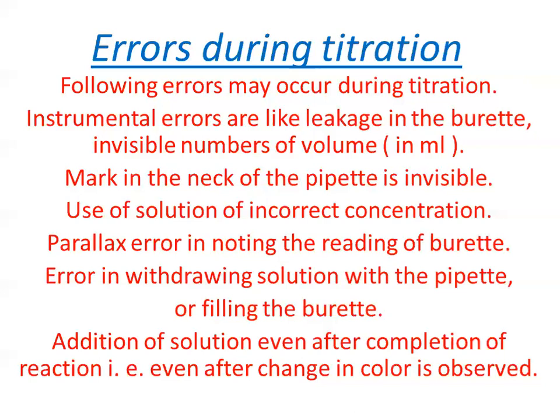Similarly, we can withdraw solution with the pipette 1 or 2 drops more or less. It is incorrect. Why? If we add 2 extra drops, then we need 2 extra drops of the other solution. So we may get error.